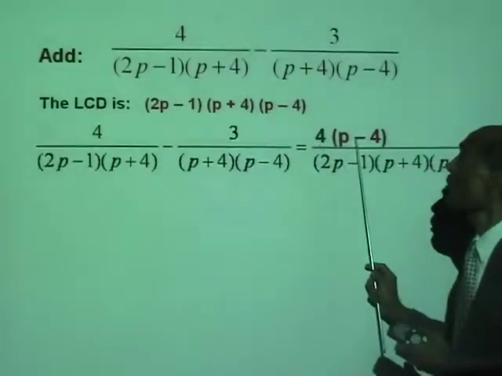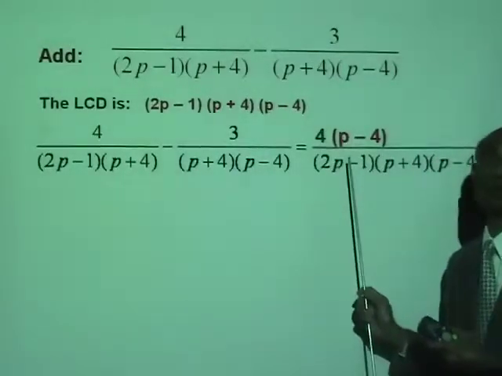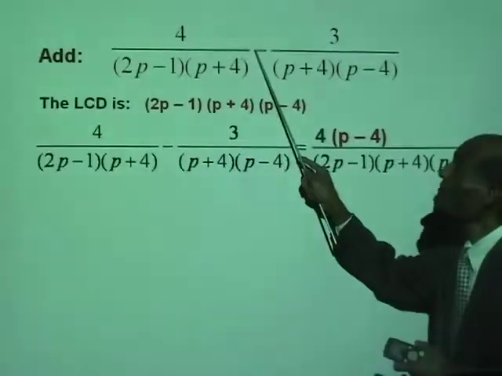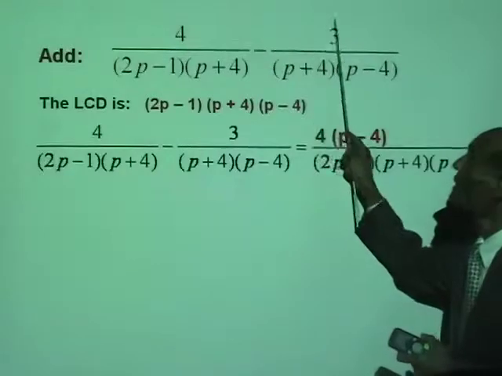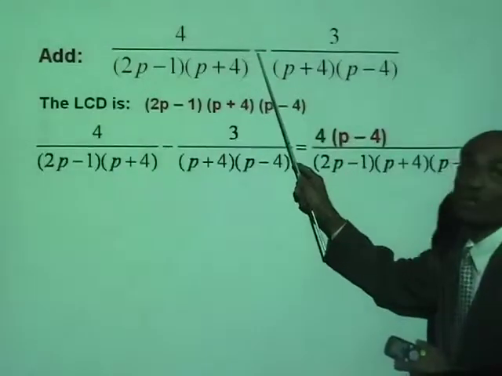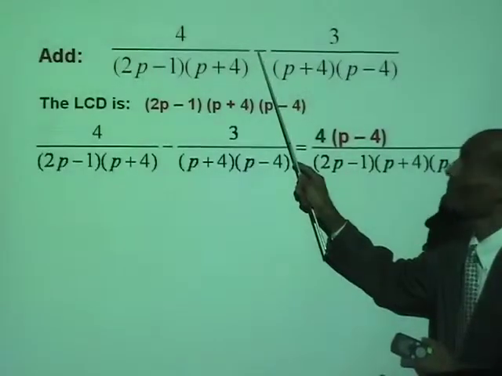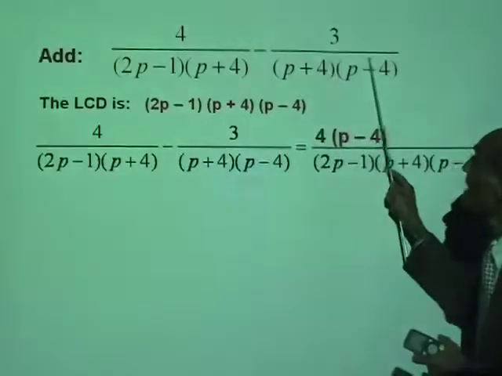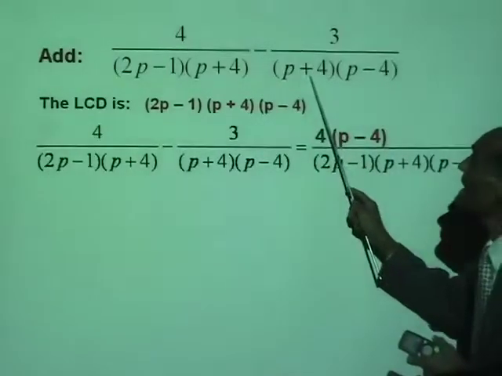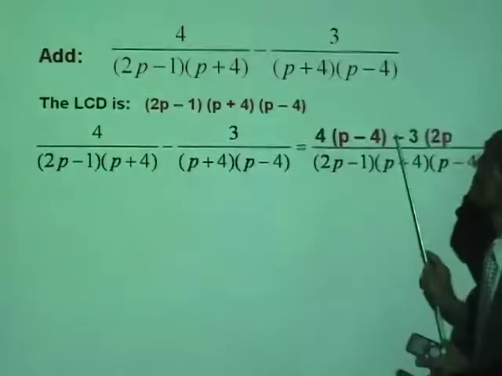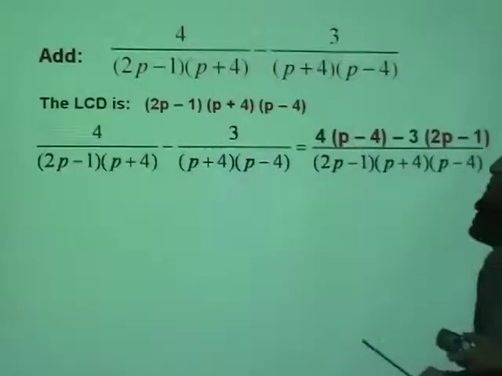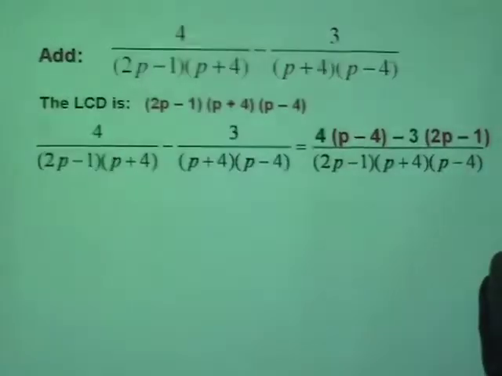So that will be 4 times p minus 4. And what is this minus 3 going to be multiplied by? You always watch that sign. The factor on the LCD that is missing here, that will be 2p minus 1. So that will be minus 3 times 2p minus 1.